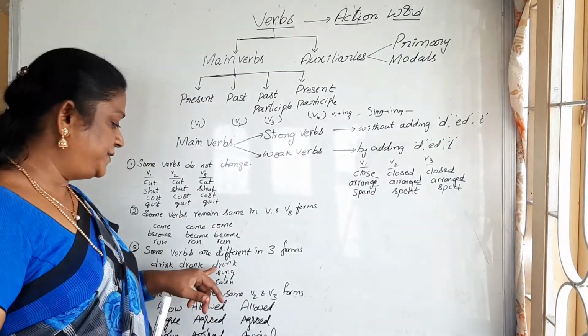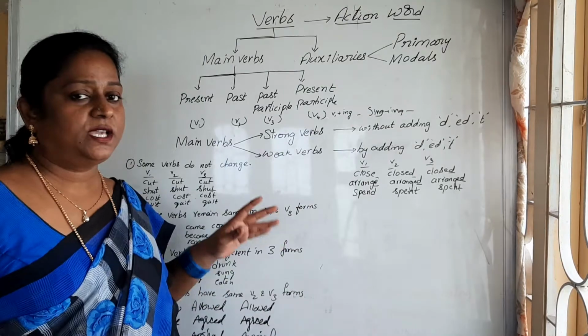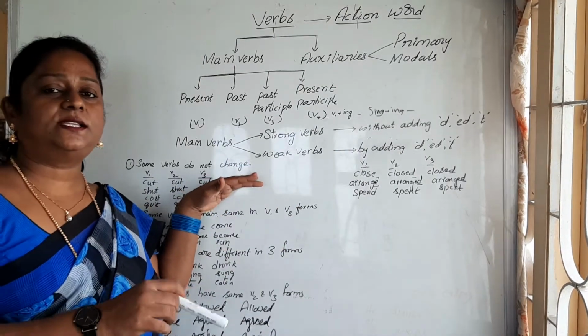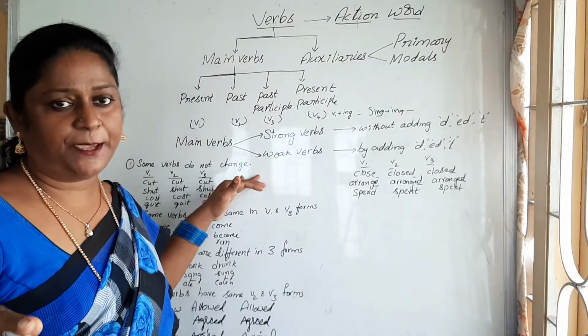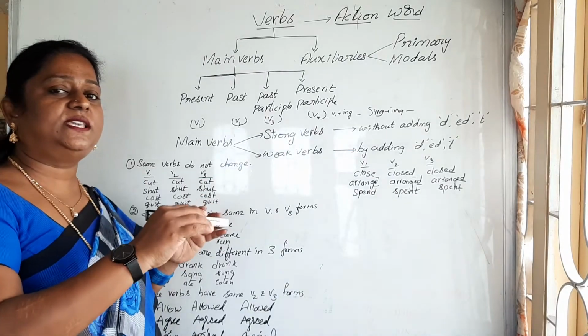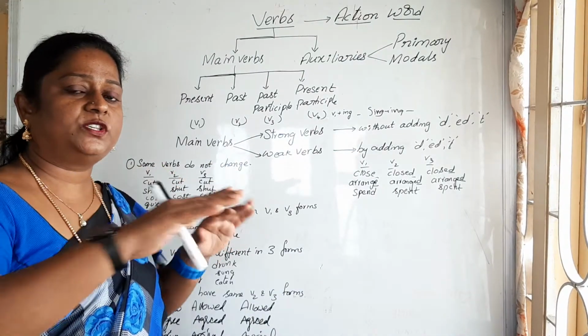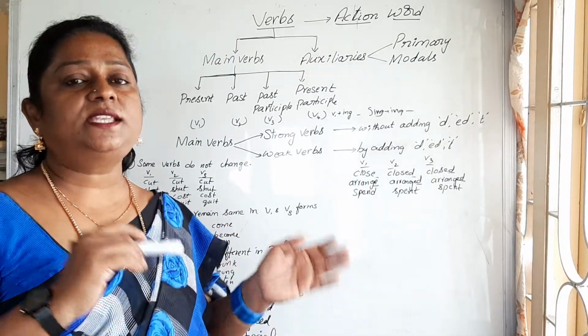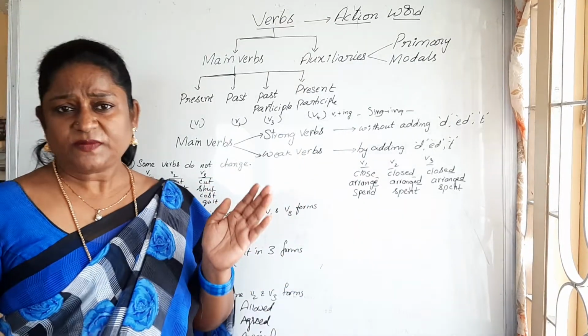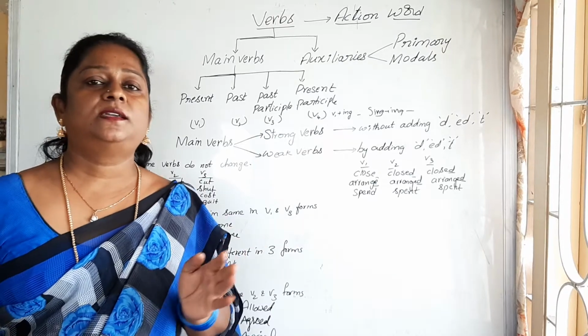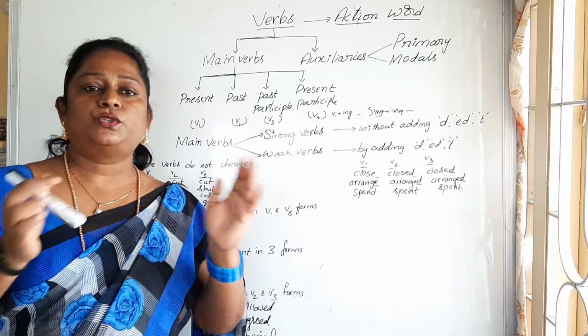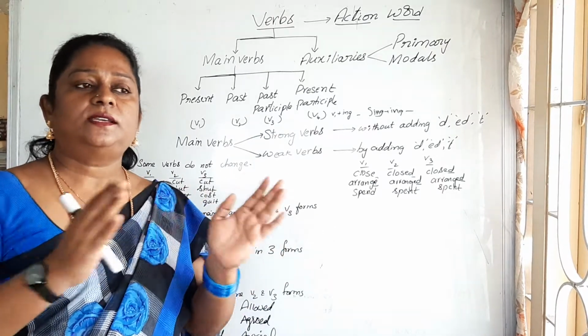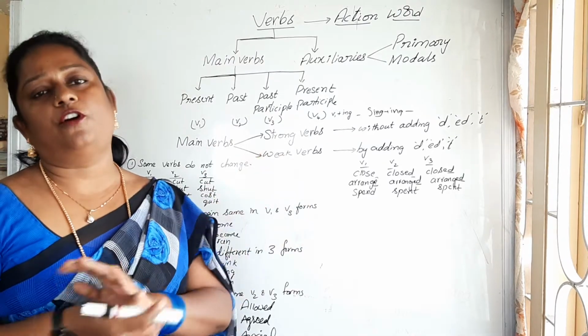And some verbs are different in three forms. So in the first case we saw that all the three forms are same. And in the third case we see that all the three verb forms are different. Drink, drank, drunk. Eat, ate, eaten. Sing, sang, sung. Drive, drove, driven. So here these are three different forms.